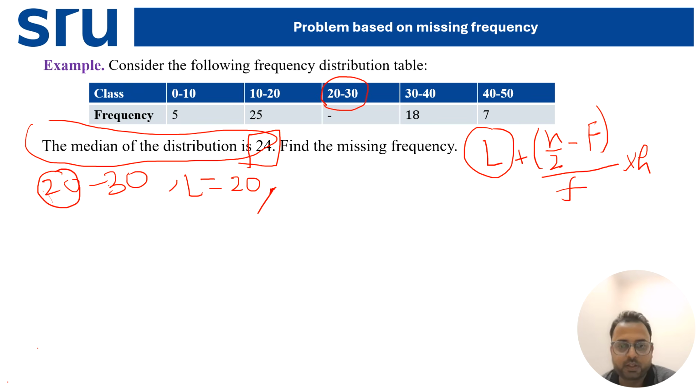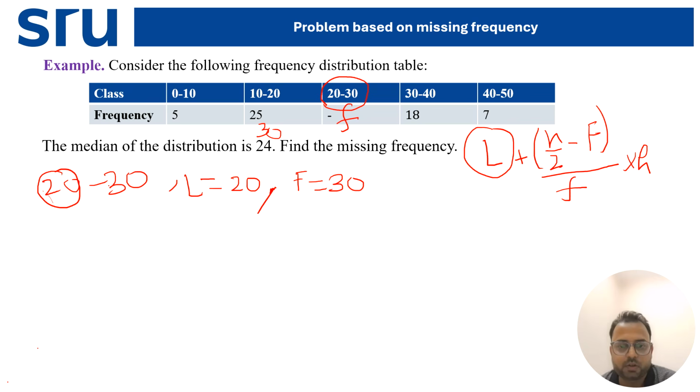Suppose this missing frequency is f. Capital F is the cumulative frequency before the median class; here 5 plus 25 is 30, so capital F is 30.